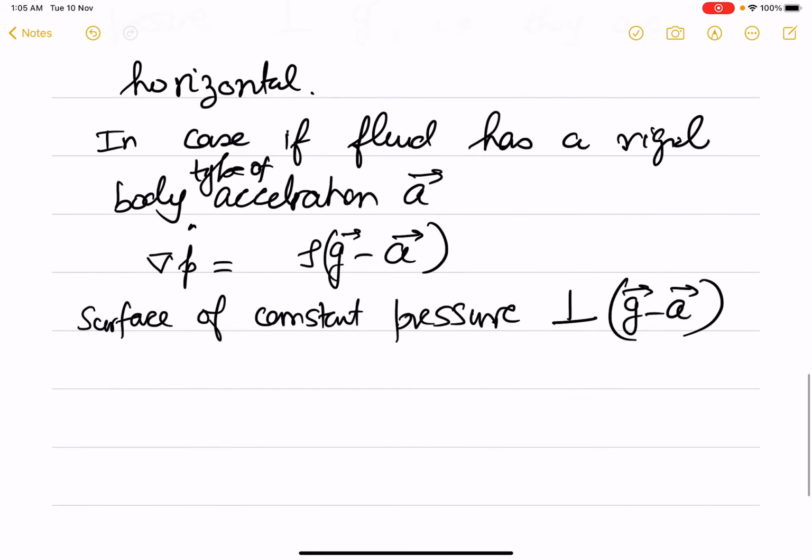Now, before we move further, let us define a term called gauge pressure.